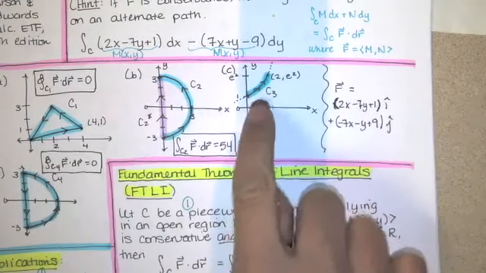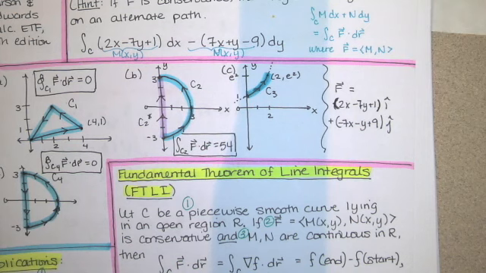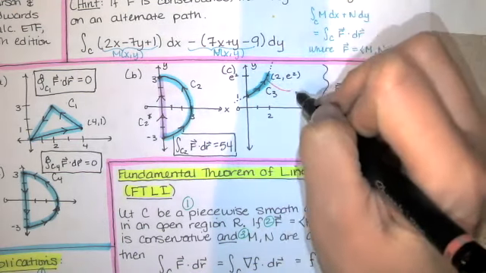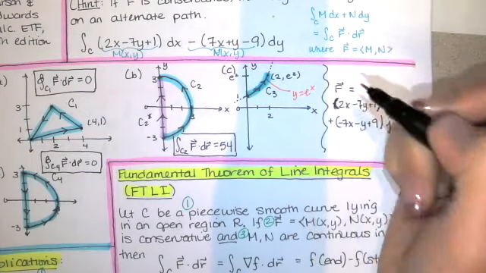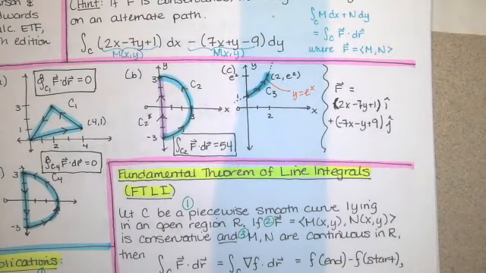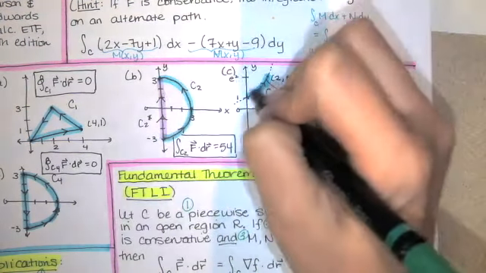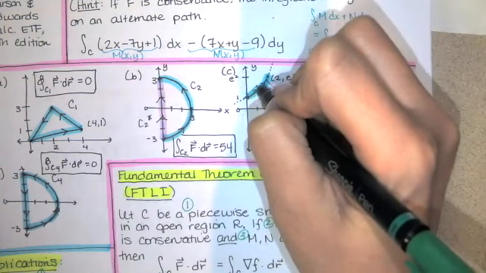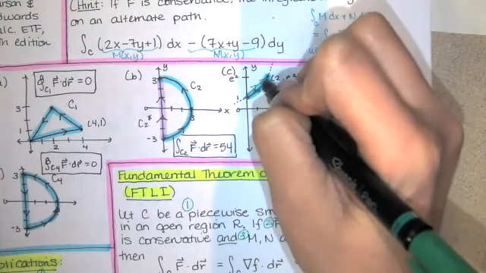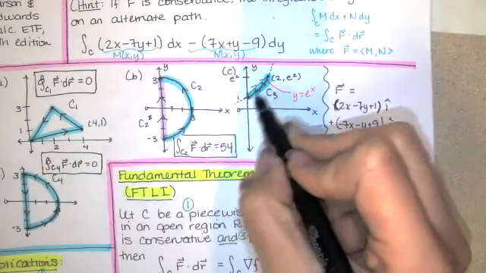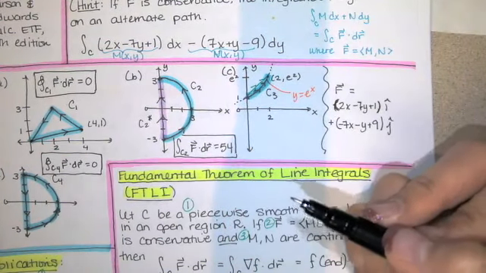We could evaluate the line integral over this path, and this path is given by y equals e to the x. That was given on WebAssign. You could evaluate that if you wanted to, but you don't have to. You can evaluate this line integral instead. You can evaluate the line integral over that simple line segment path from our starting point to our ending point. That's an option.